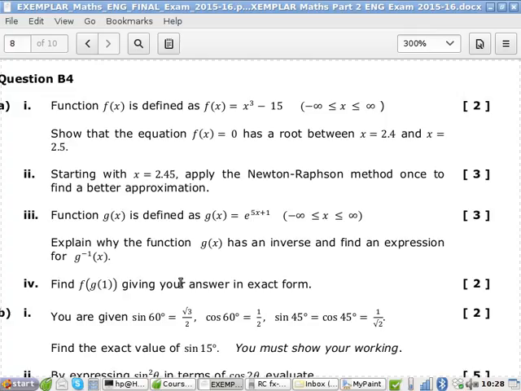Yes, one is positive, one is negative. Yeah. Good.